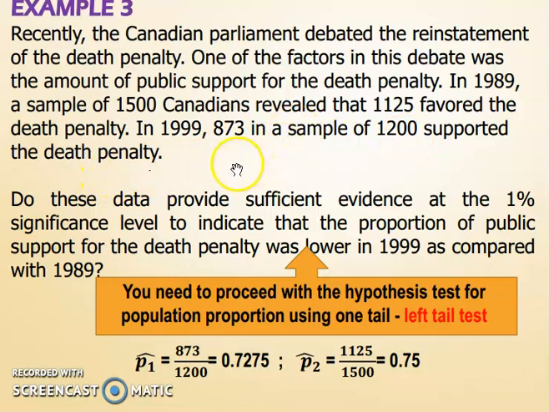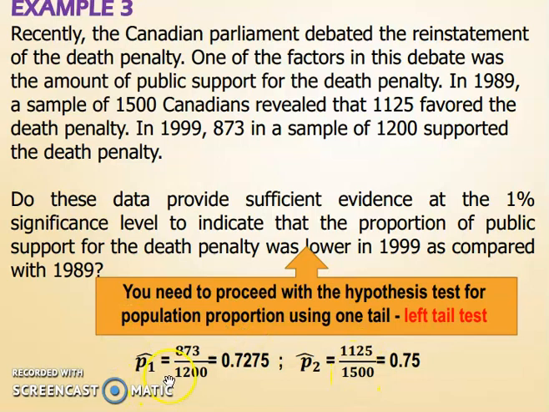So you have two populations and two samples from them. The first sample will be 1200 and the second sample will be 1500. So the proportion for the first population will be 873 over 1200 and 1125 over 1500.